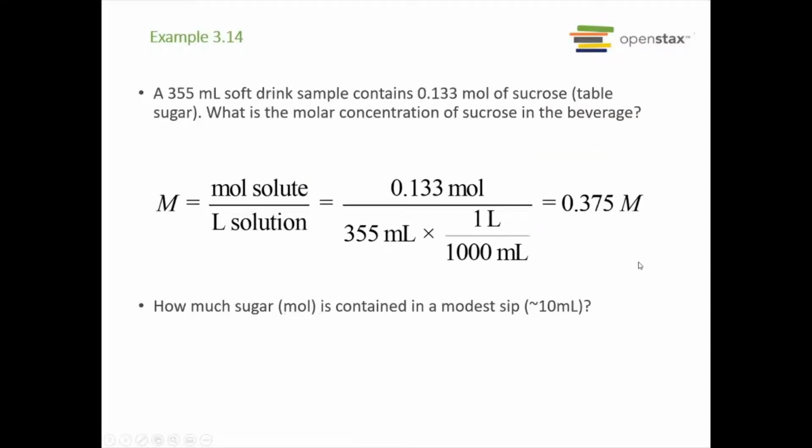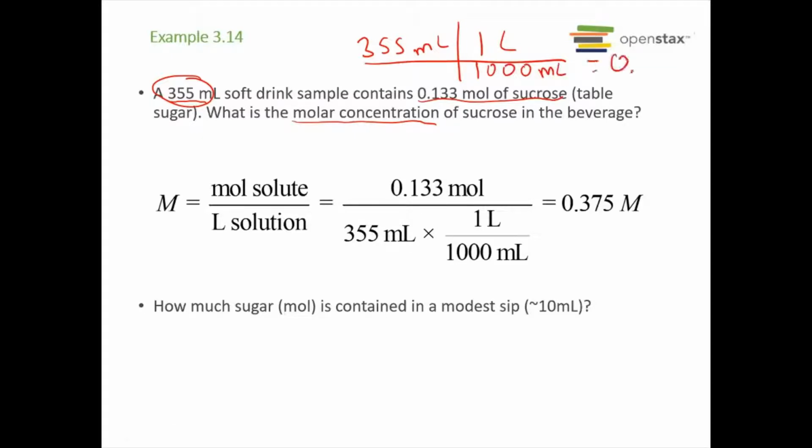So for instance, if we're told we have a soft drink with 0.133 moles of sucrose, we want the molar concentration of sucrose. We have 355 milliliters. So we need to first take that 355 milliliters and turn it to liters. There is 1 liter for every 1,000 milliliters.